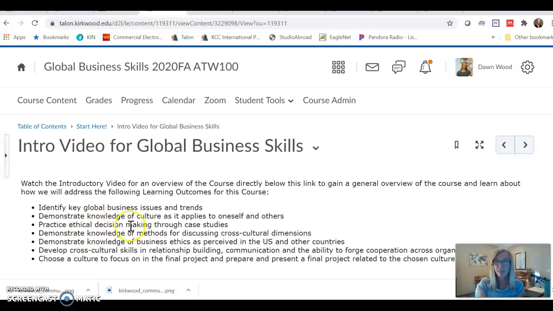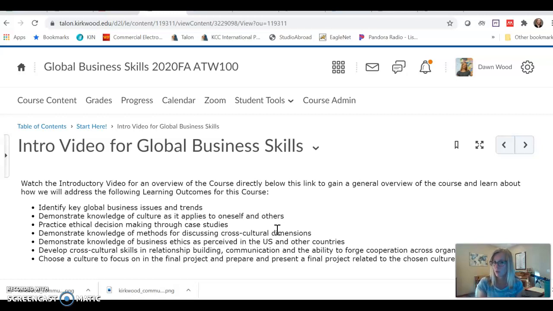We'll talk about ethics, and that will be accomplished through some case studies we'll be looking at. And we'll also learn about these cross-cultural dimensions. So in your textbooks and in some of the reading that we'll have, we're going to talk about what cross-cultural dimensions are. The dimensions are essentially tools that you can use in order to describe different cultures and the differences between different cultures.